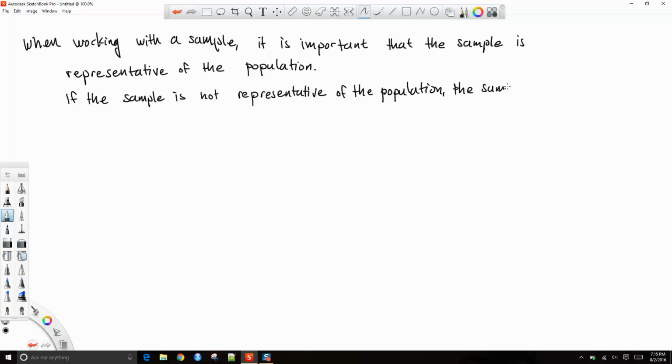And there's all sorts of reasons why a sample could end up biased. And those are detailed in our textbook, okay?